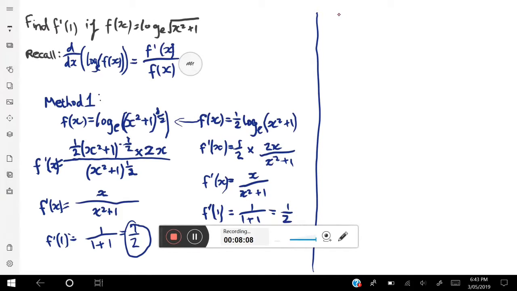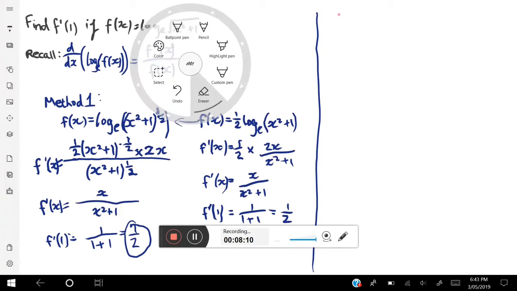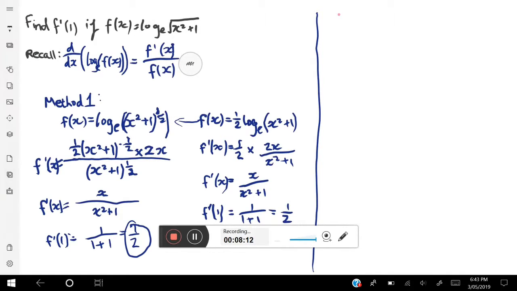I'll just write here, this is method 2. So if you do a u substitution, we're saying let u equal x squared plus 1, because it looks ugly in the rest of the function. That looks the ugliest, so let's just simplify it down.